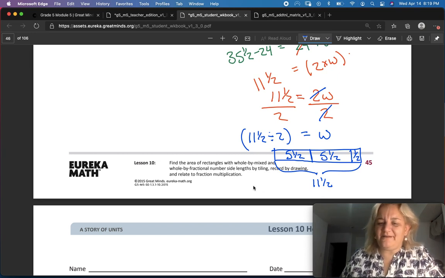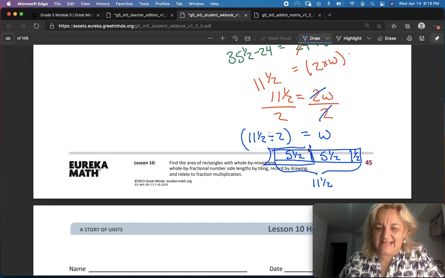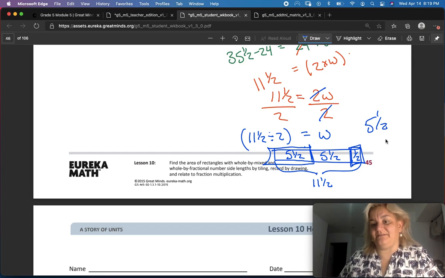So if I want to figure out what half of this would be, I now know that this is half of that, so 5.5. But I still have to cut this in half too. So what's half of 1/2? Well, 1/2 divided by 2, okay, is 1/4.